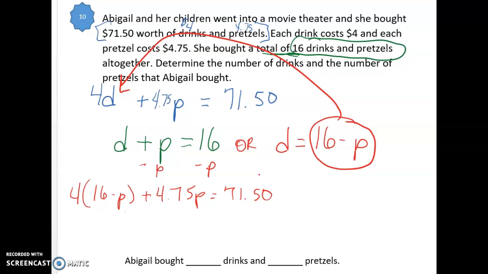Okay, next thing I need to do, after I've rewritten my equation, I need to distribute. 4 times 16 is 64. 4 times negative P is negative 4P.